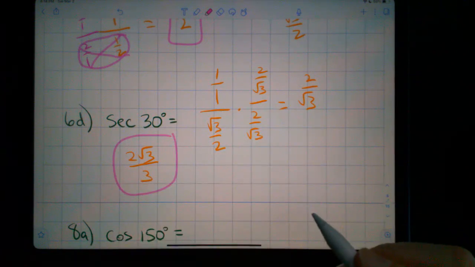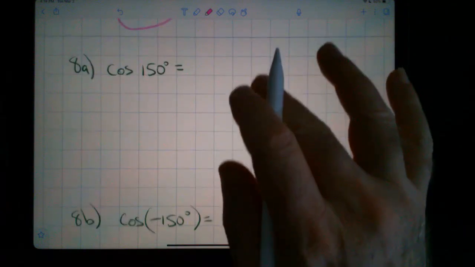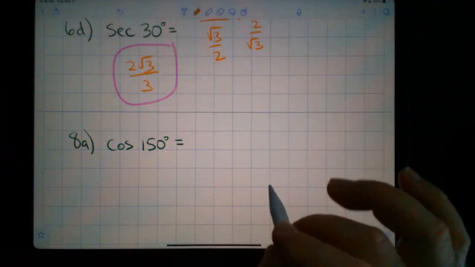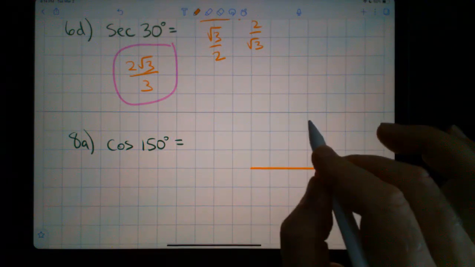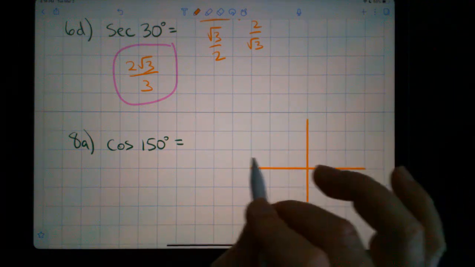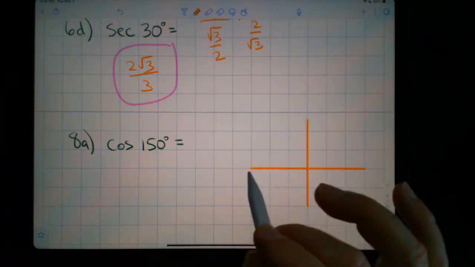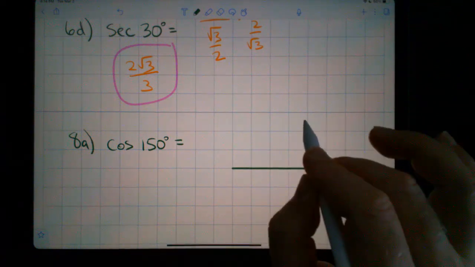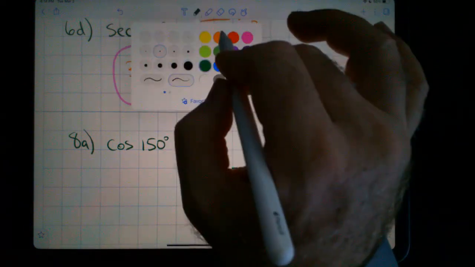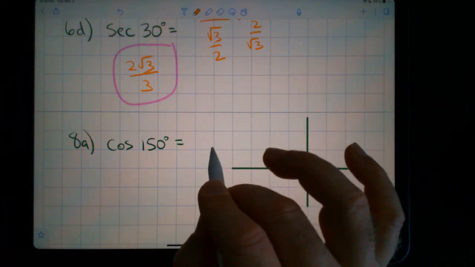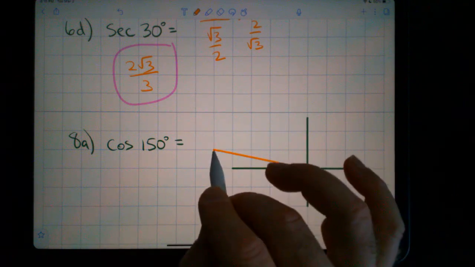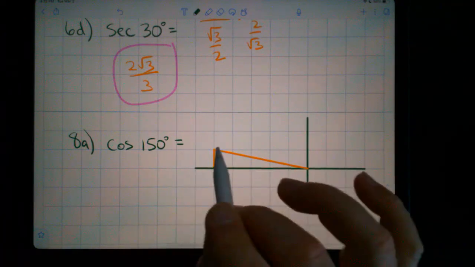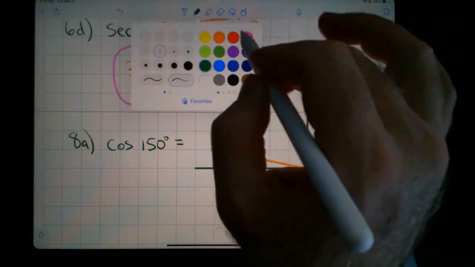Cosine of 150. So if you take a look and see where that's going to be at, 150 degrees is 30 degrees off the axis.